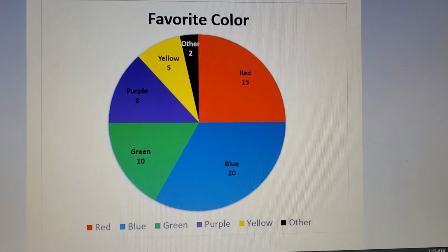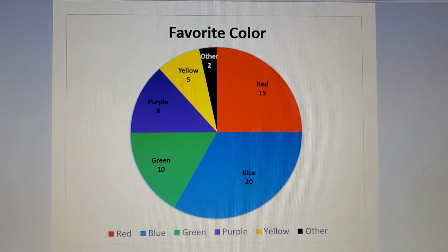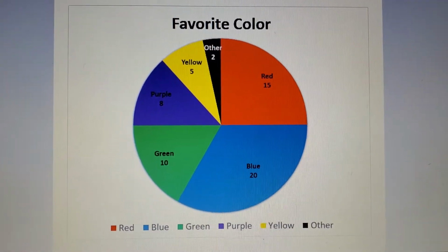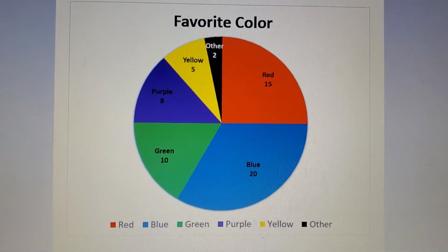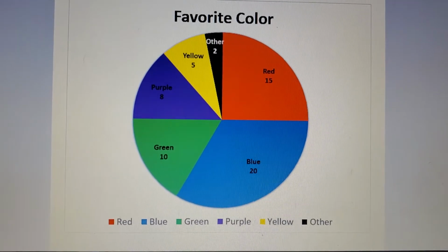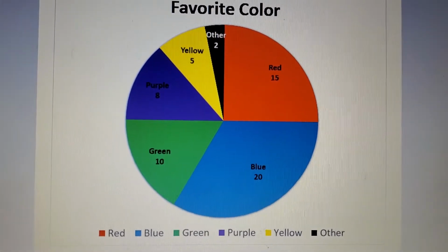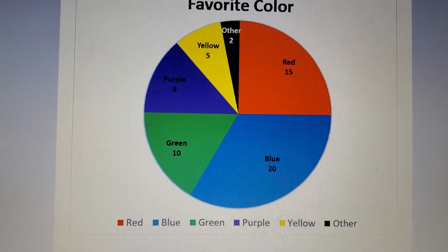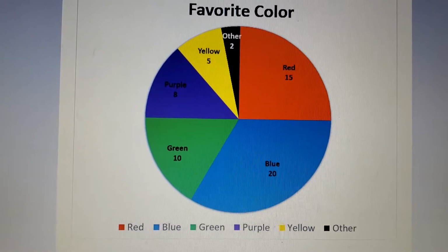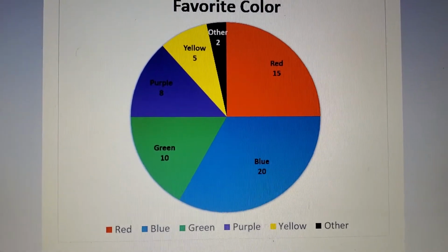The maker of this chart didn't necessarily want to convey the percentages, but rather let you know how many actual people responded. So 15 people chose red, 20 people chose blue, 10 chose green, 8 chose purple, 5 chose yellow, and 2 selected something else.